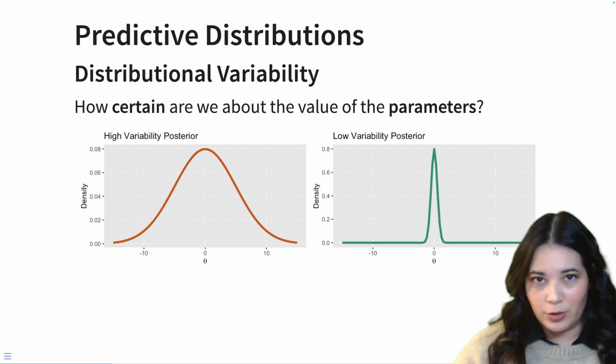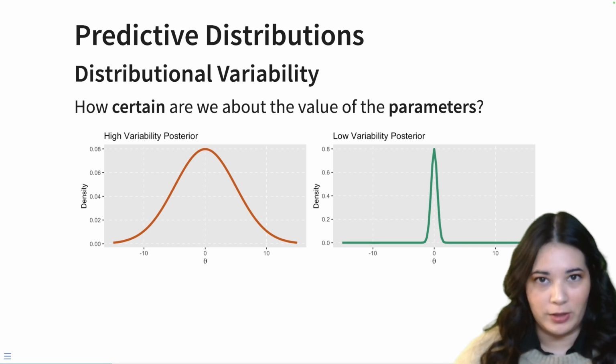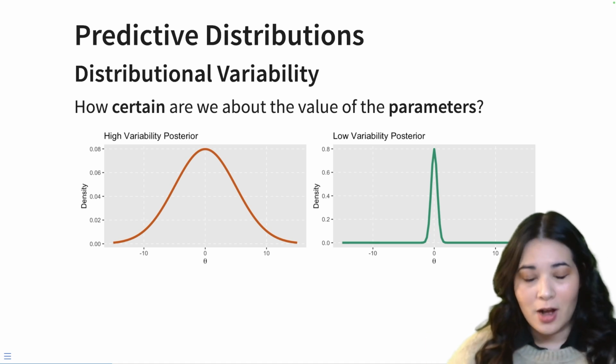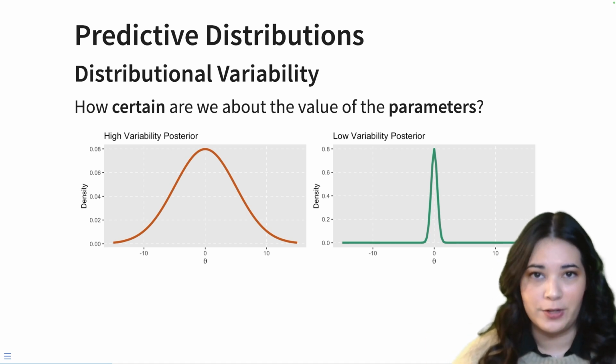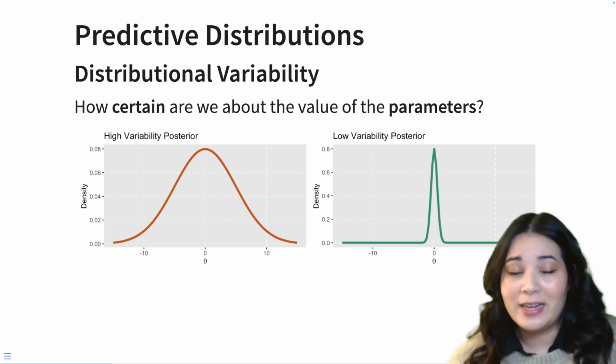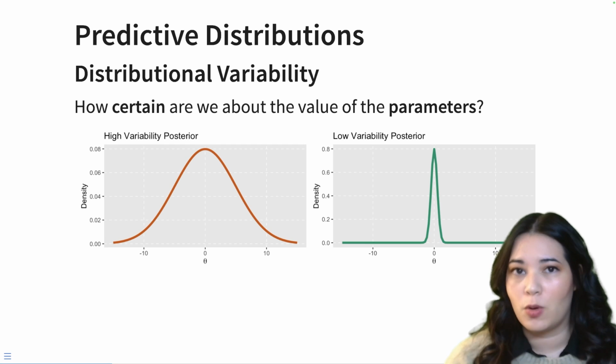For instance, let's say we're looking at a regression of the relationship between corgi height and corgi weight. If we're really unsure what the coefficient between corgi height and corgi weight is, then that should be reflected when we predict future corgi weights.